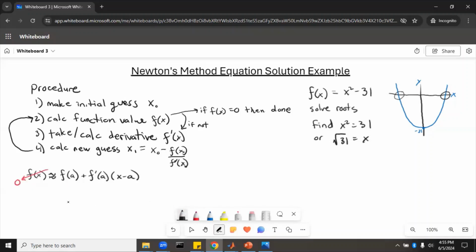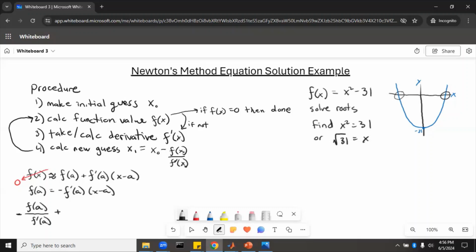So we say that it is 0, and then we rearrange, and what we get is f of a equals negative f prime of a times x minus a. Then we need to solve for x, and we get x equals a minus f of a over f prime of a.